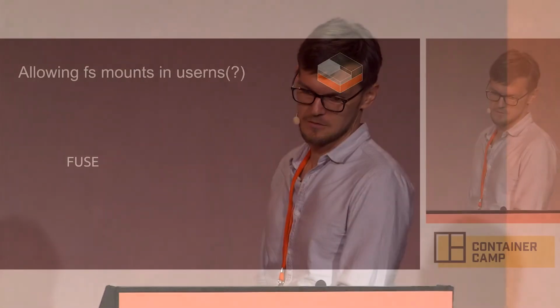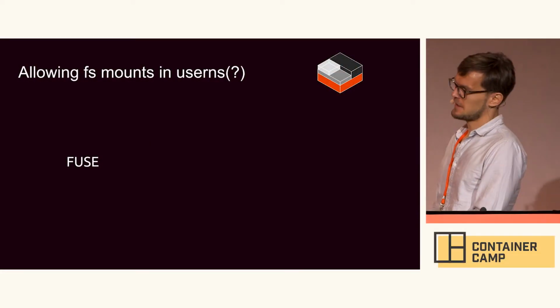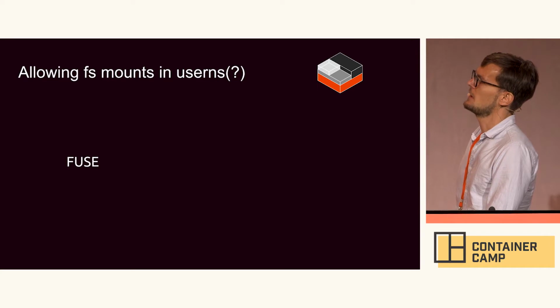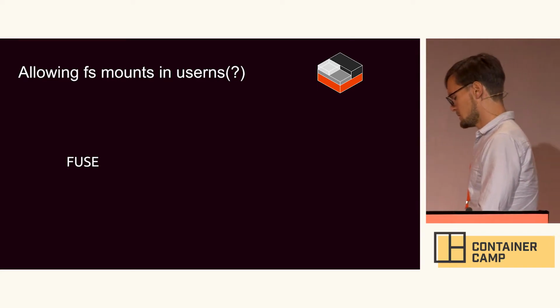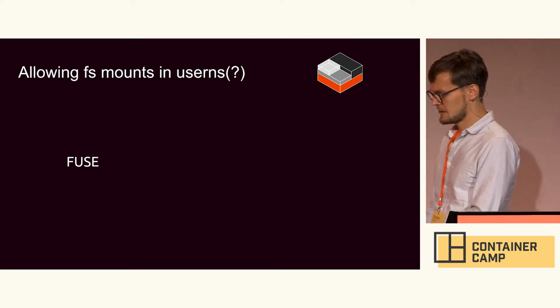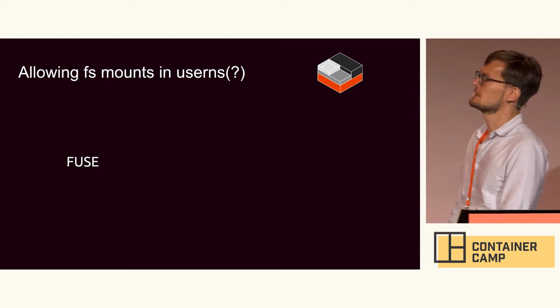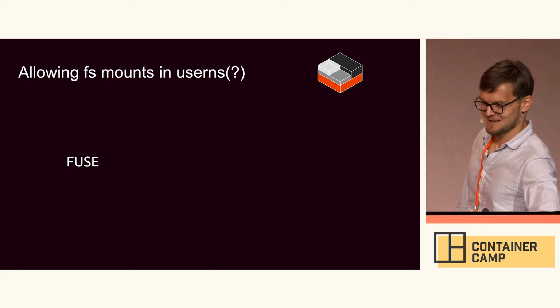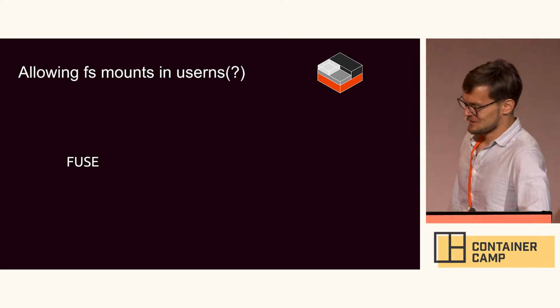There's one exception. You might have heard or read about this on LWN. The FUSE file system. Starting with kernel 4.18, we've made it possible to mount FUSE file systems from non-initial user namespaces. Why is FUSE safe? Well, it's in the name: file system in user space.